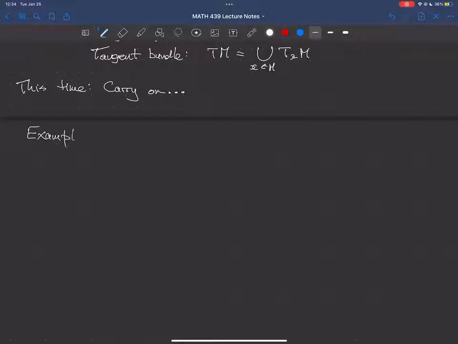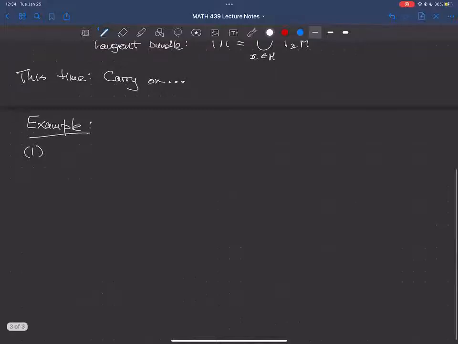Let's look at a very simple example just to anchor this. The example's maybe not a good one because it's too simple, but it allows us to get started. Then I'll say some more interesting things about tangent bundles, and then talk about an example which shows you that things aren't as simple as they are in this example.